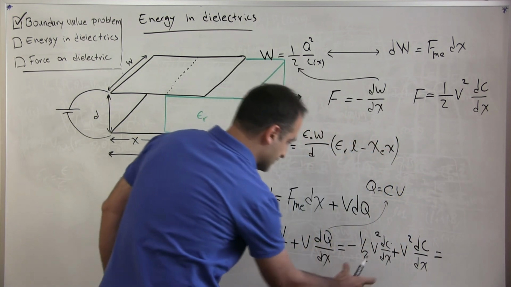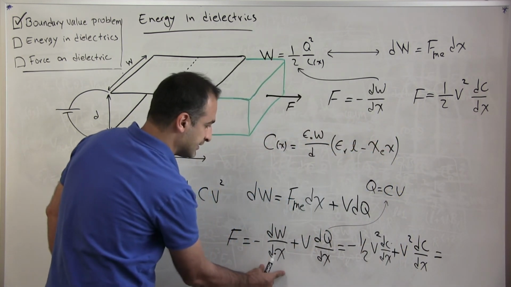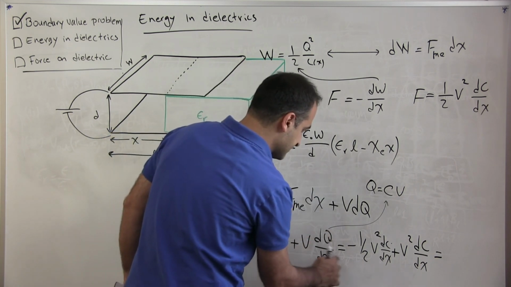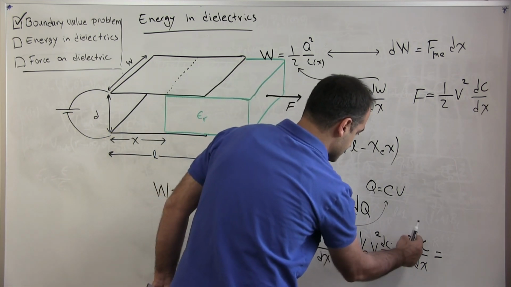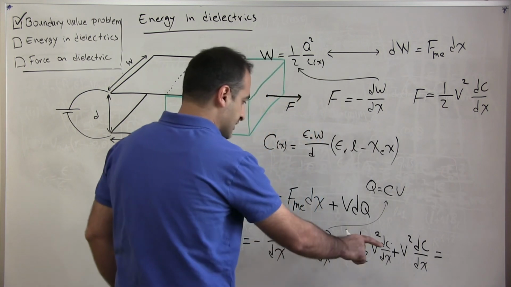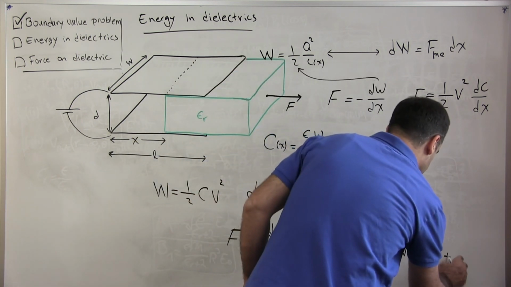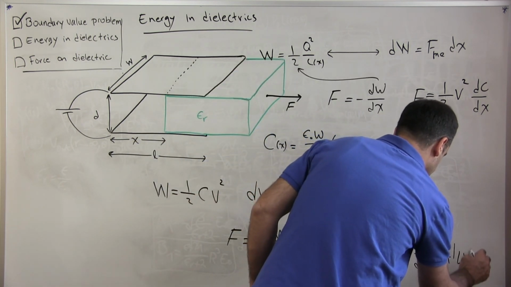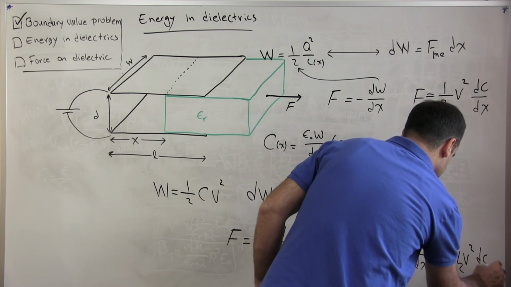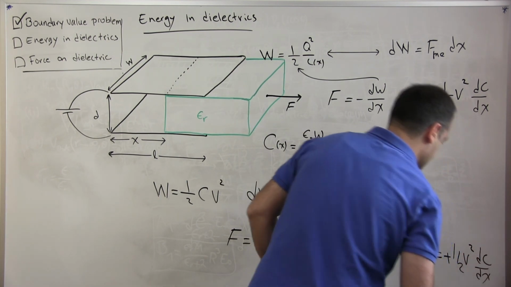So this is the first term here. And then we have V dq/dx becomes V squared dC over dx. Combined, that becomes positive 1/2 V squared dC over dx.